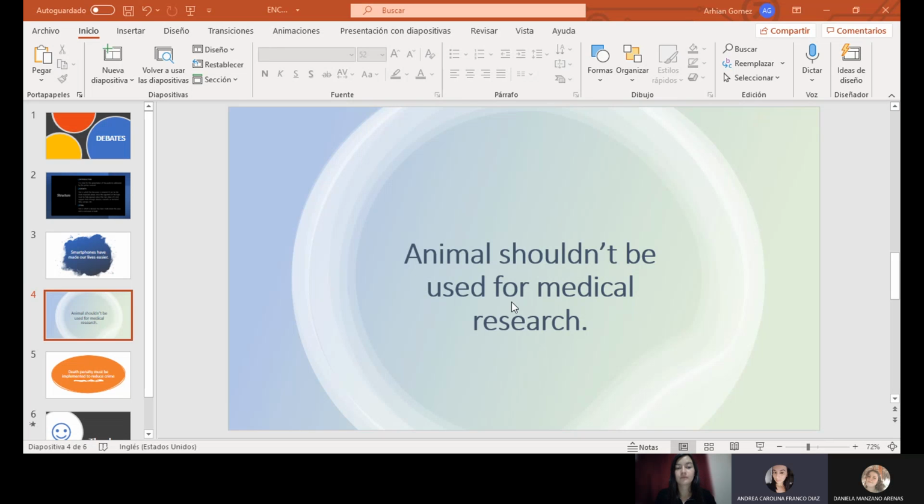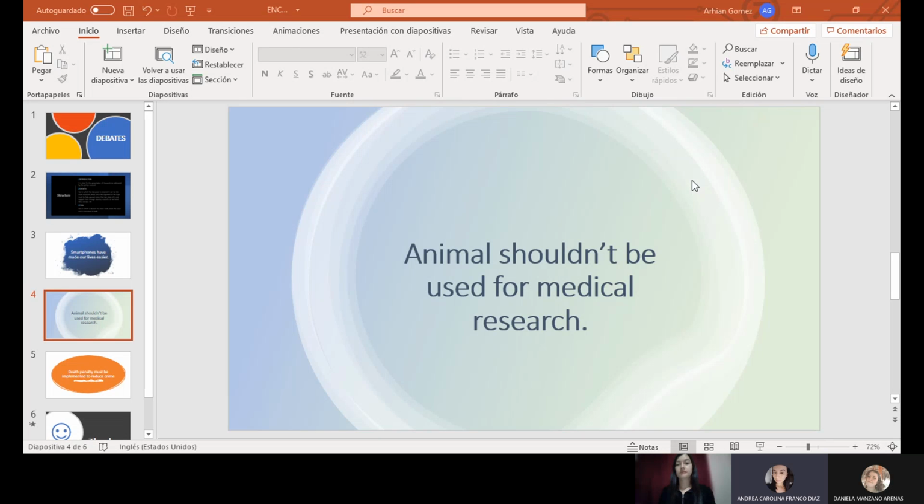Well, what I found is that, as I mentioned before, animals are living beings, so they should have rights. Animals' rights are violated when they are used in research.